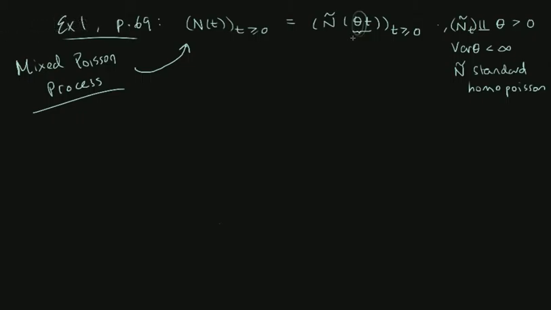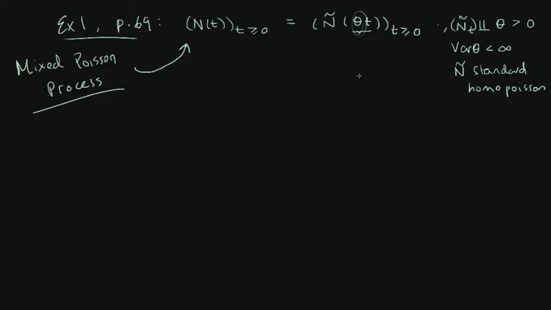It just has to be a random variable that has a finite variance and that is independent from our standard homogeneous Poisson process, and we also require that theta is positive. So whenever you see theta, just know that this theta is not a given thing. It is a random variable.